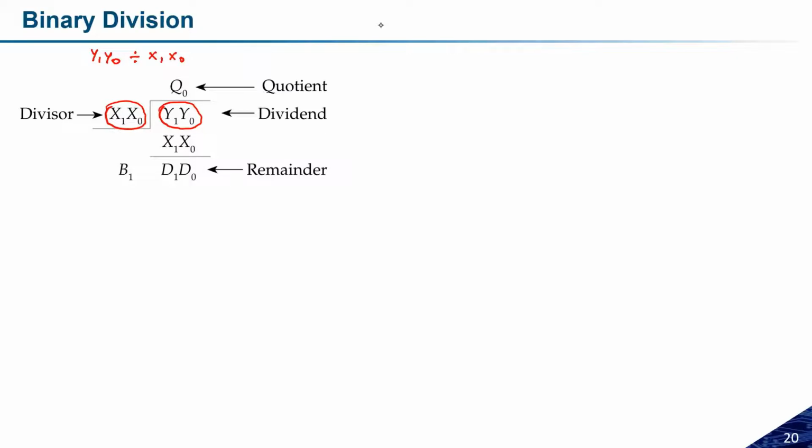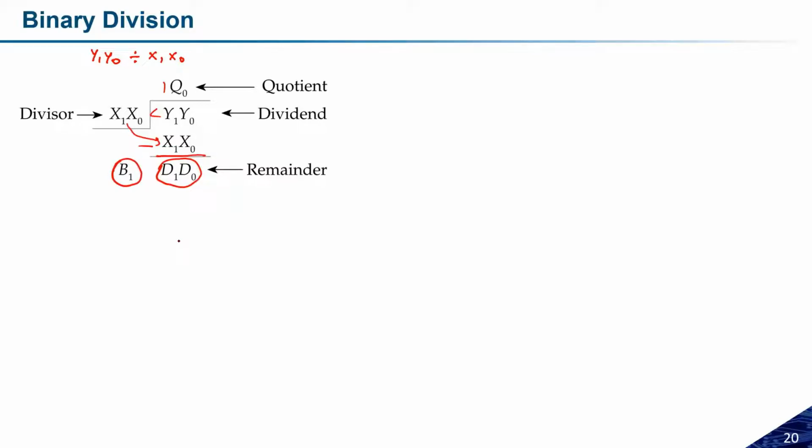We know that if y1 y0 is greater than x1 x0, then what will happen? This q1 will become 1, and I will write it over here, and I will subtract it. After subtraction, whatever the result I get will be the remainder, and there will be no borrow.